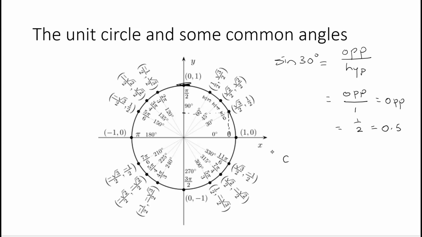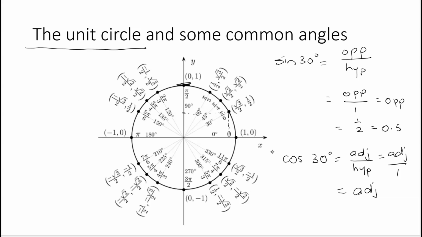If we're looking for the cosine of 30 degrees, it's the adjacent over the hypotenuse, which is the adjacent over 1, or just plain the adjacent for the unit circle, right? And again, if we were to measure that, it would be about 0.866.